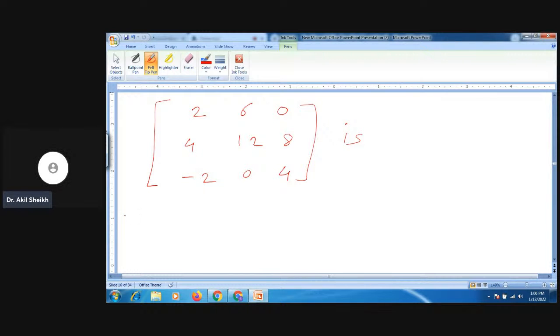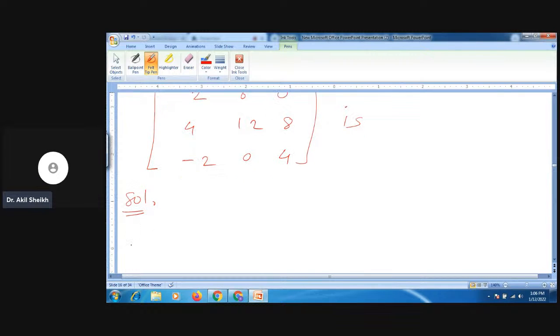We have to find the determinant of this matrix. So we just consider this matrix in terms of determinant, which is here 2, 6, 0, 4, 12, 8, minus 2, 0, 4.